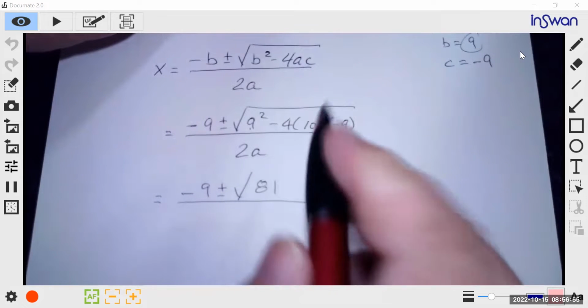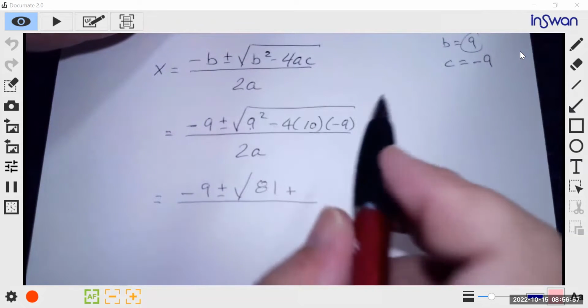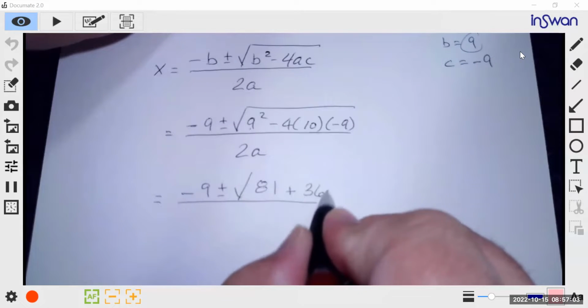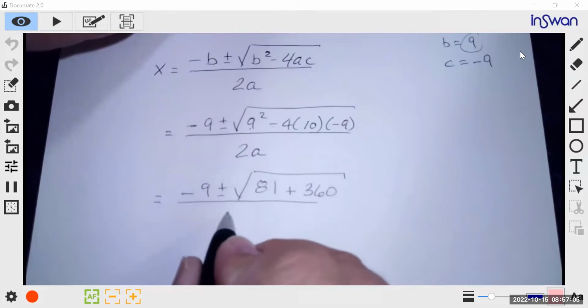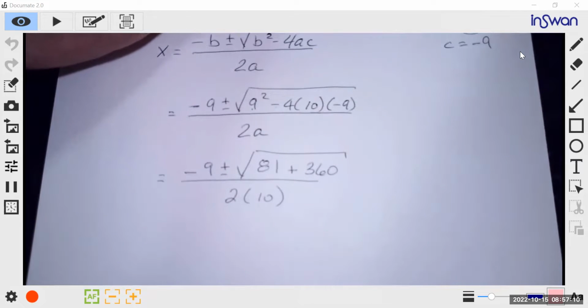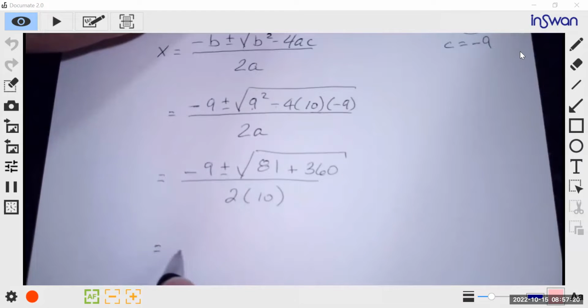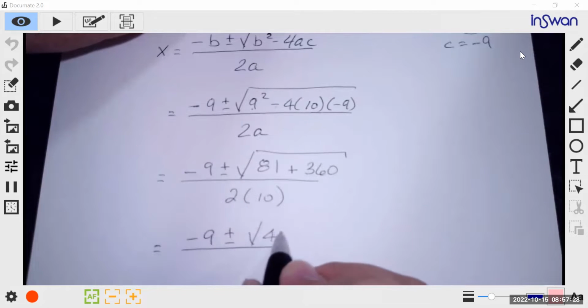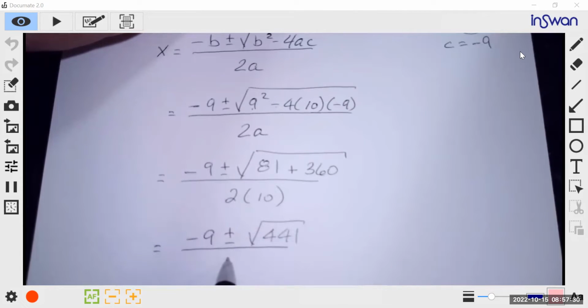A negative and a negative makes it a positive. 9 times 4 is 36. 36 times 10 is 360, over 2 times 10. Negative 9, plus or minus the square root of 81 plus 360, which is 441, over 20.